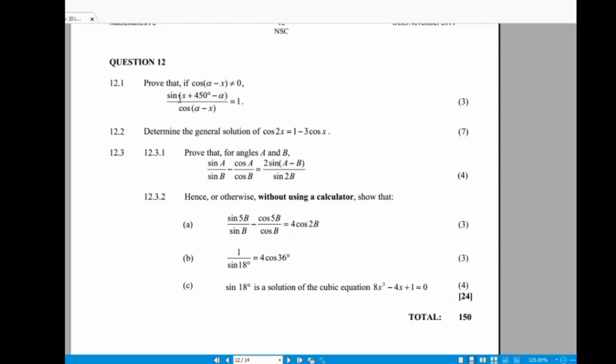12.1, prove that if cos alpha minus x is not equals to 0, the left hand side should be equals to 1. Prove that this fraction is equals to 1 when cos alpha minus x is not equals to 0. Right?